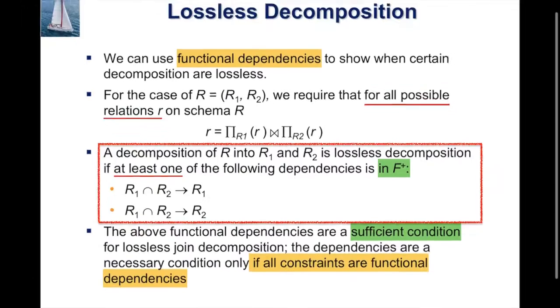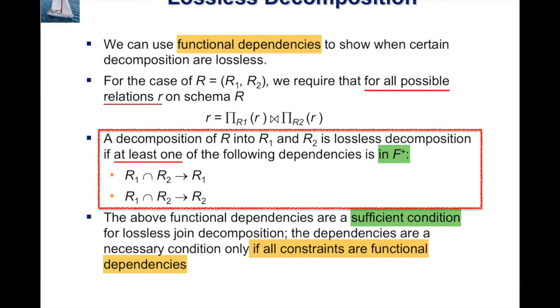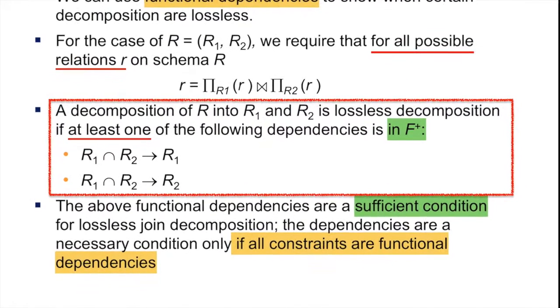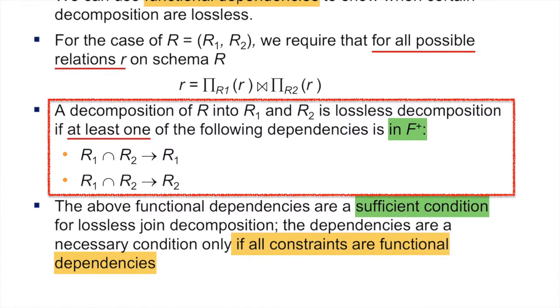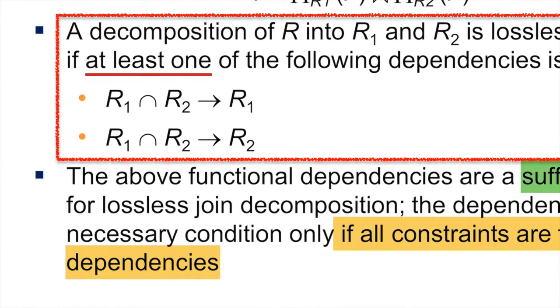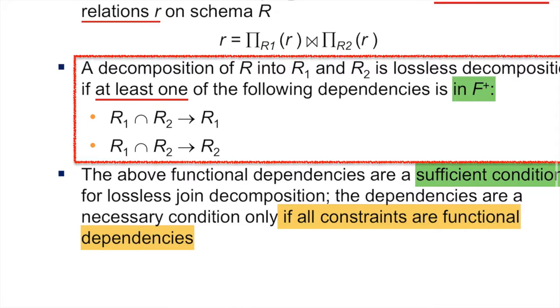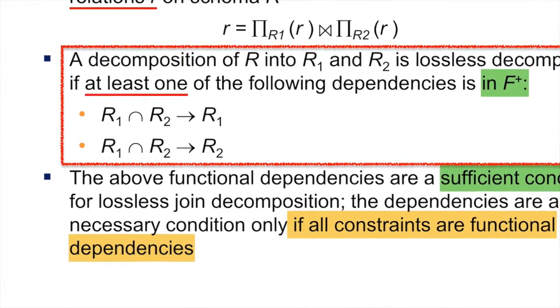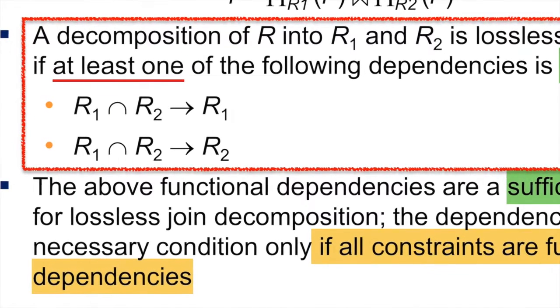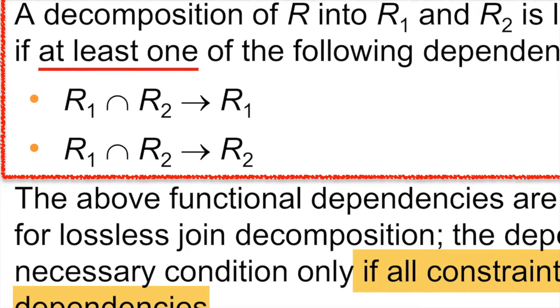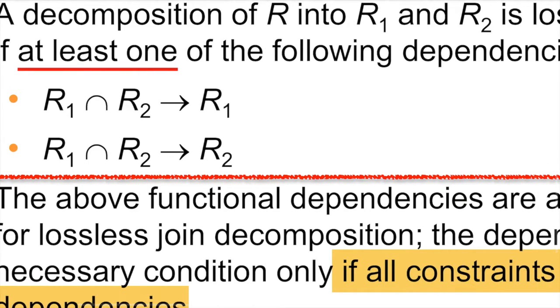So, alternatively, there's another way that is easier, and that is by showing na the following statement is true. So, you just need to show that at least one of the following dependencies is in the closure of F. So, this one is by showing that there is a functional dependency from the intersection of the attributes of R1 and R2 to either R1 or R2.